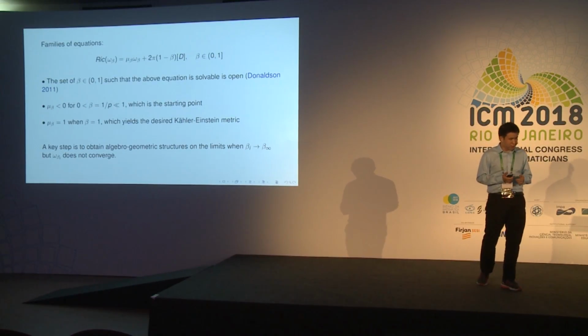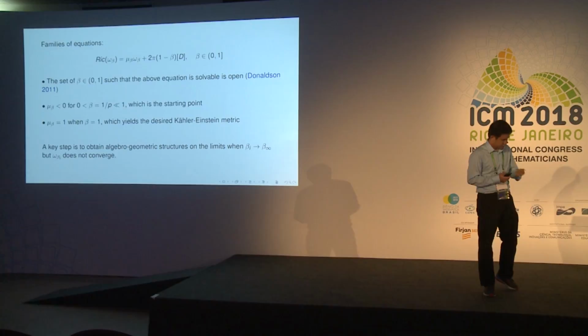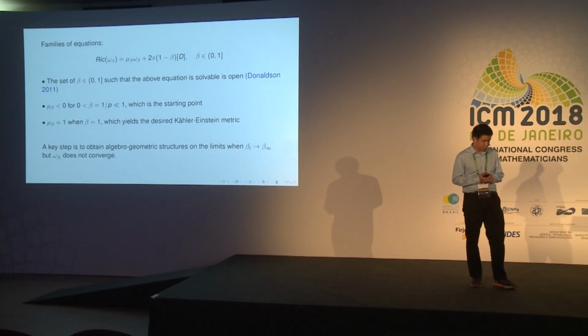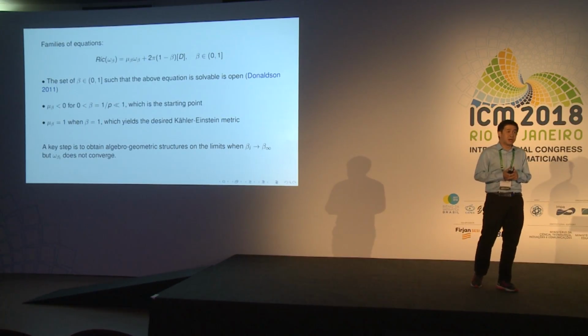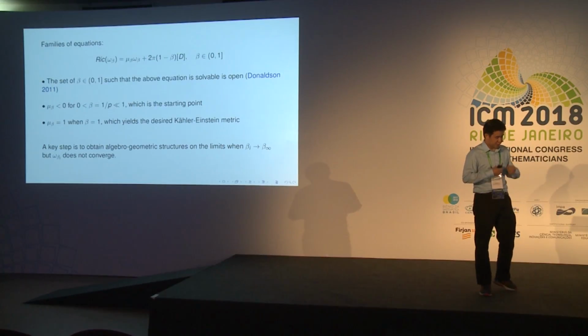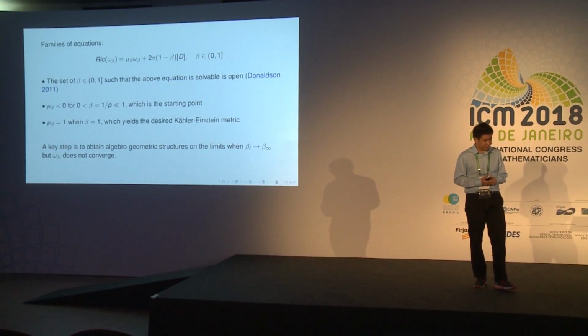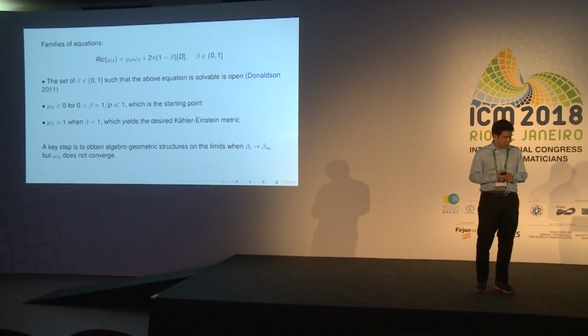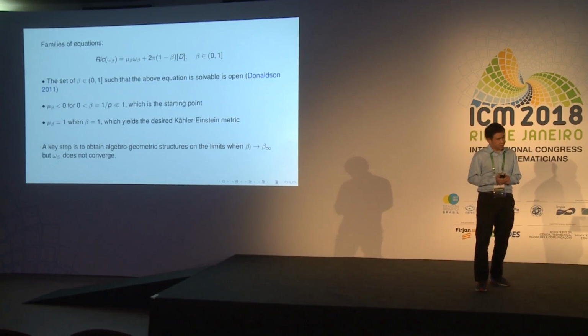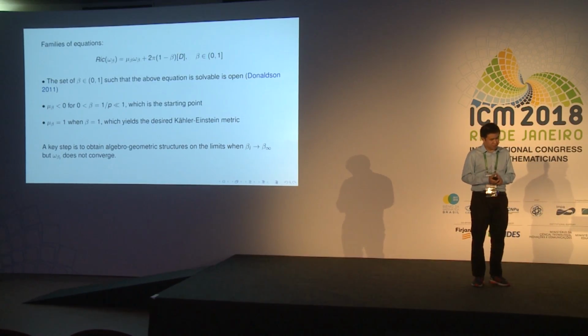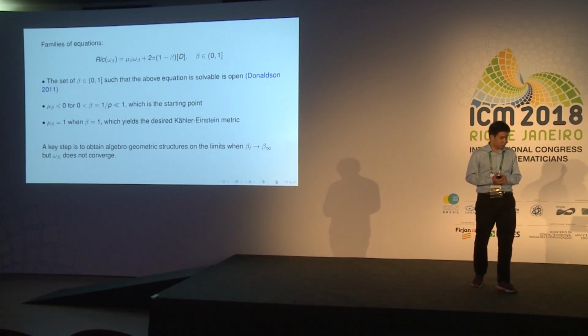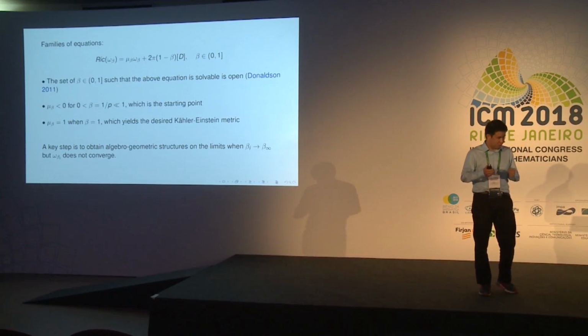So there are 3 points here. First, this all starts with the paper of Donaldson in 2011, that you always have openness. If you have a beta, you can always deform it a little bit, and you still have existence of a Kähler-Einstein metric. The second point is that when beta is small, and if you just take 1 over p for p an integer and p large, then mu beta will be negative.